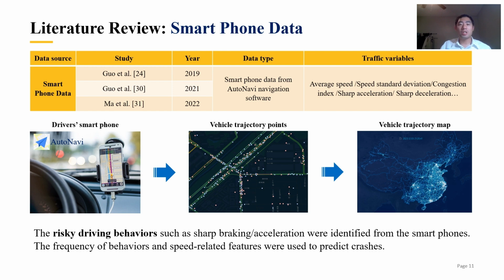They all come from China, and they all use the AutoNavi software data to conduct the research. As we can see, risky driving behaviors such as sharp braking and sharp acceleration were identified from the smartphones, and then they used their frequency information.